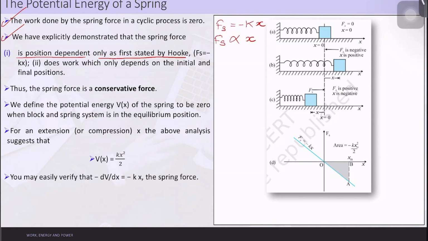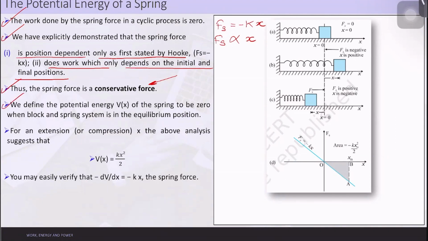The second thing is that the spring force does work which only depends on the initial and the final position. We understood this because it is a conservative force. Thus, spring force is a conservative force.